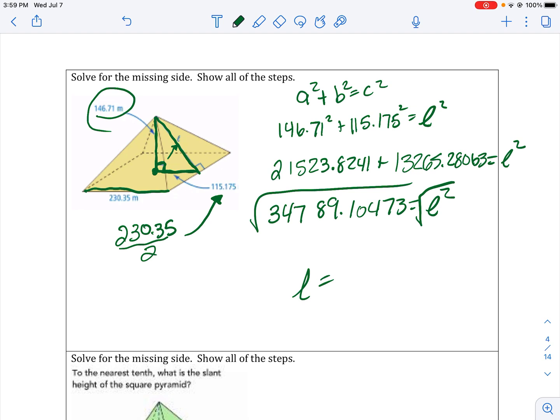What I do to one side, I have to do to the other. And I'm going to go to the nearest tenth here. So I look at the number after the tenth, which tells me to keep this the same because it is below 5. So my slant height is 186.5 to the nearest tenth.